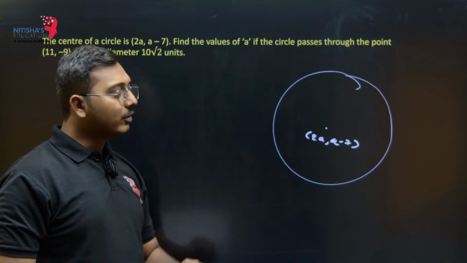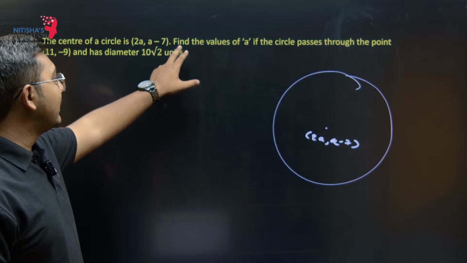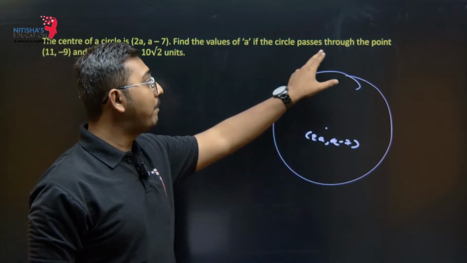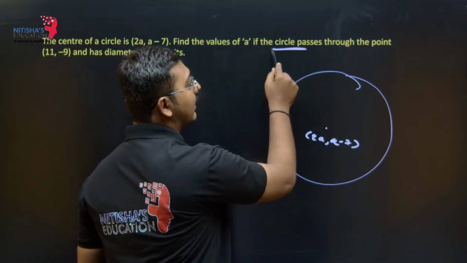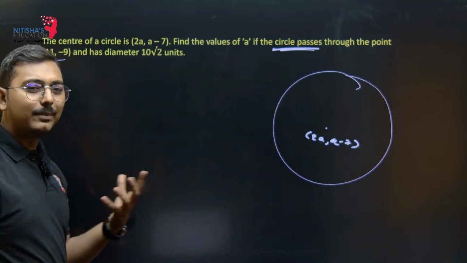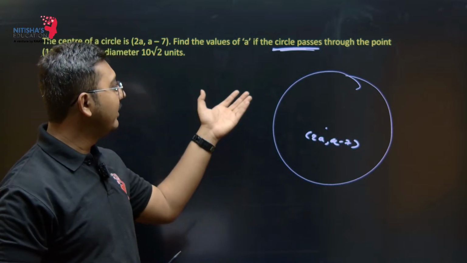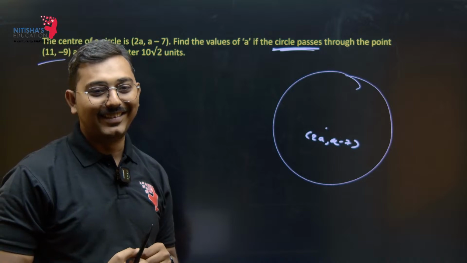Okay, so this is the center 2a, a minus 7. And it is asking us to find the value of a if the circle passes through the point 11, minus 9. Now what does it mean? A circle cannot pass or fail.